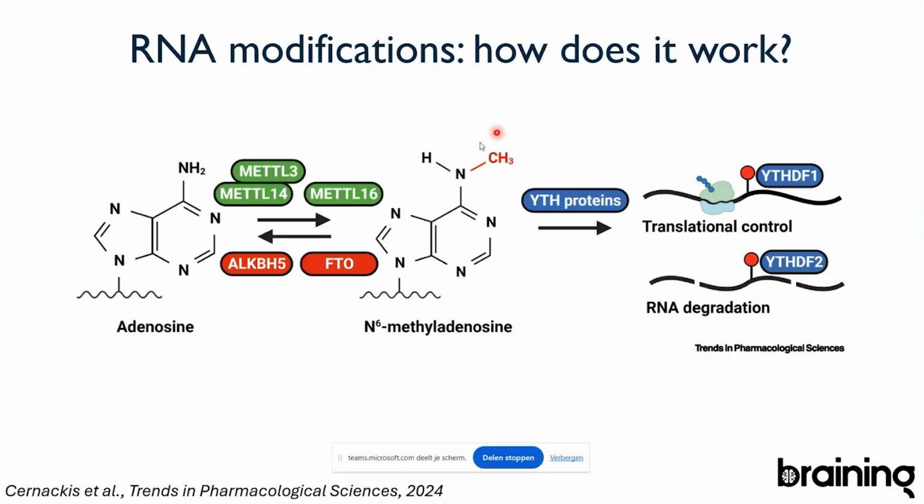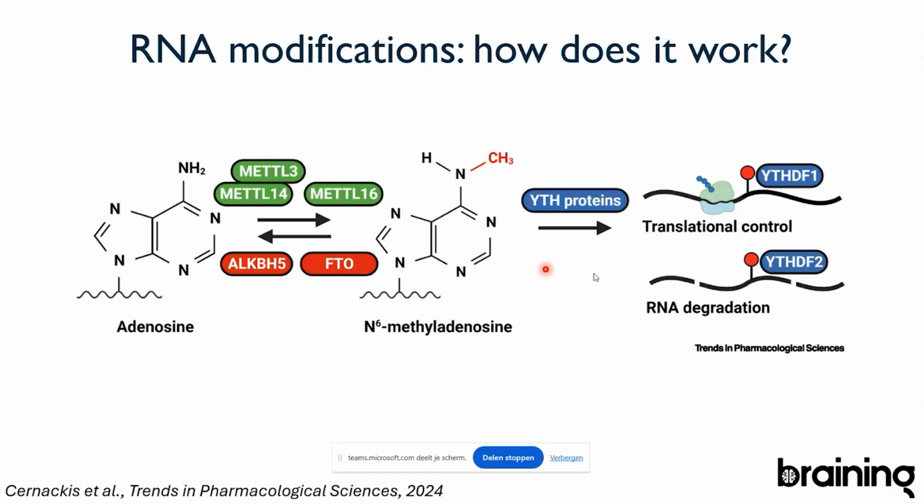So they add this extra methyl group, right? Those are called RNA modification writers because they write the RNA modification. On the other hand, you have RNA modification erasers, ALKBH5 or FTO, which are able to remove this methyl group again, right? So basically you have enzymes that put a methyl group or that remove a methyl group.